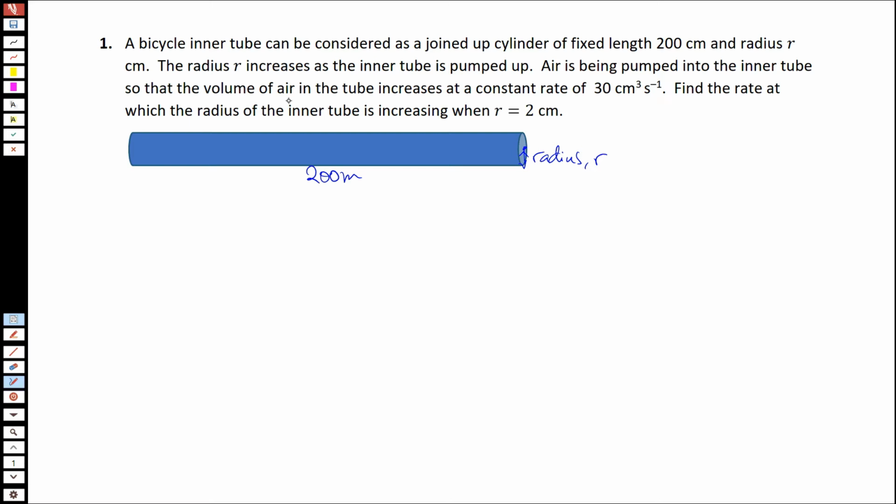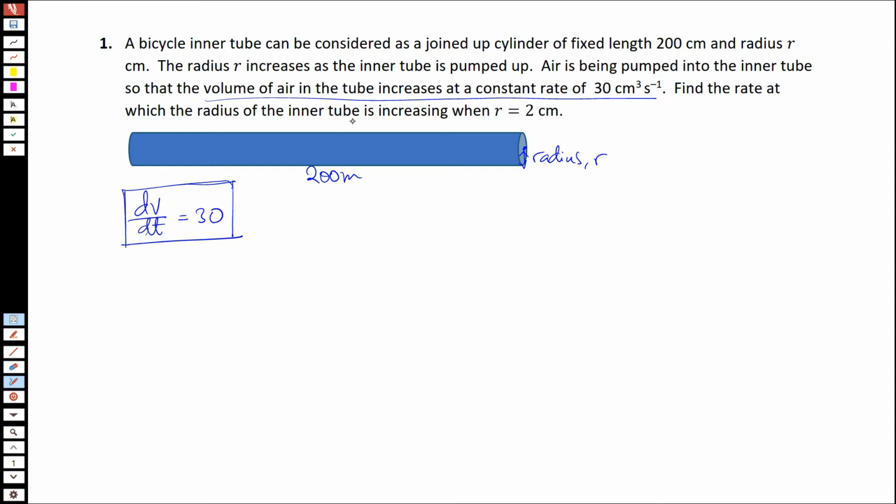So this statement here implies that dv over dt is 30. And that's important because, remember, you need this quantity when you'll be finding what's being asked, which is the rate at which the radius of the inner tube is increasing.